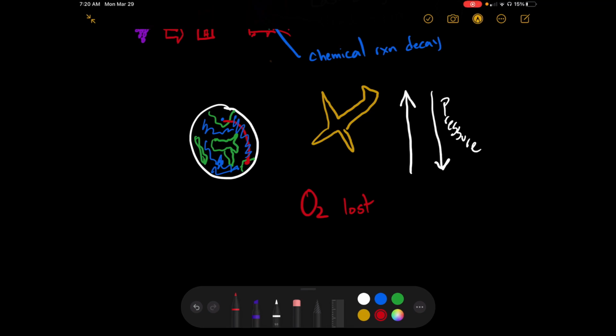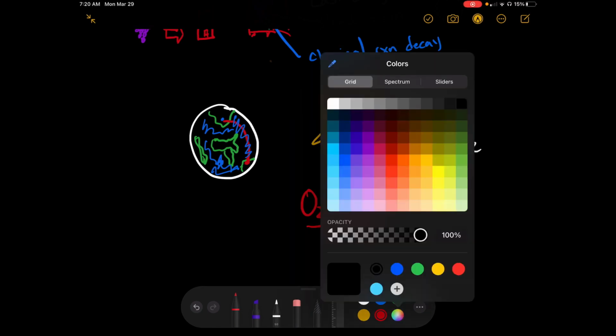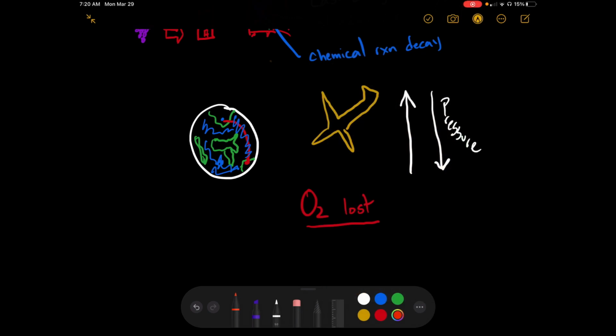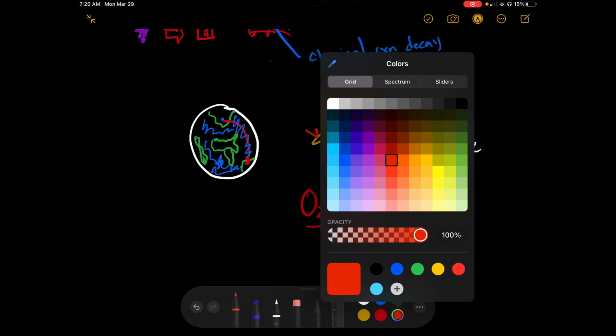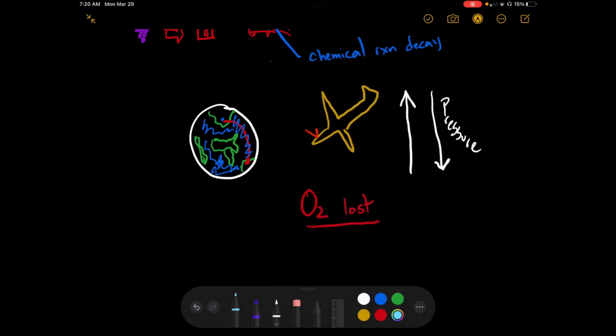Now, what happens in the airplane to make sure that it doesn't lose oxygen? Because if it loses oxygen, so much so, we're going to die. So what happens is that chemists have discovered that if they take the inside of that airplane and pressurize it, right?